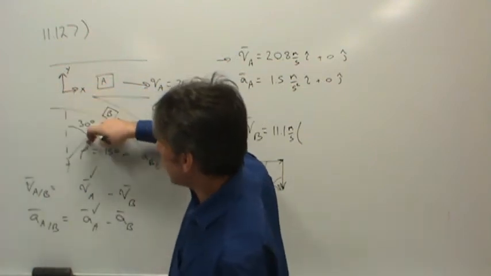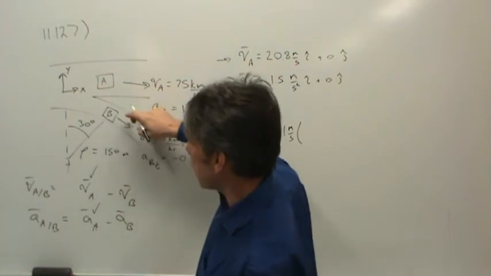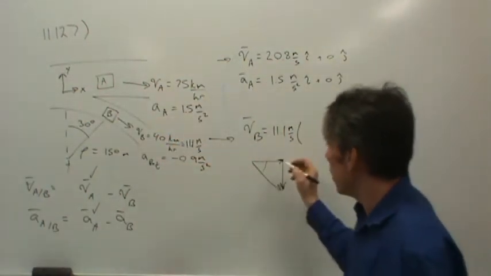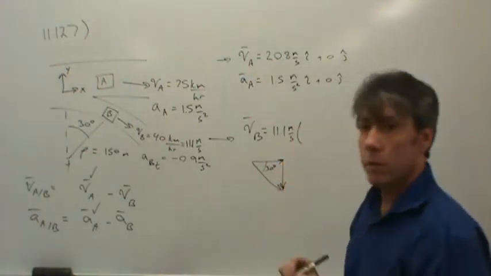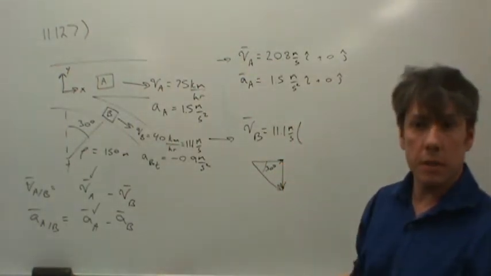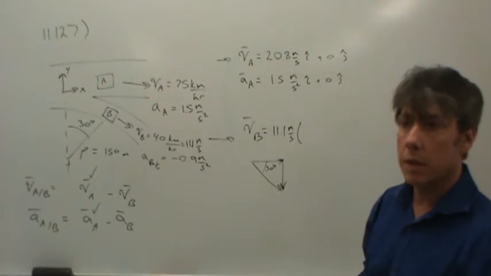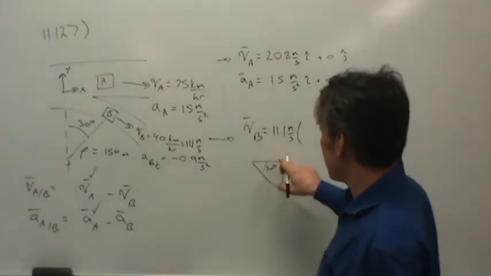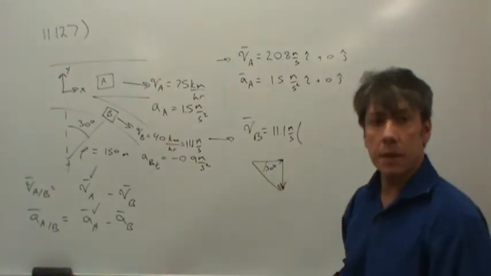Therefore, the angle between these two is the same as the angle between a horizontal line and the hypotenuse. Does that make sense? In other words, this angle is the 30-degree angle that we were given. Make sense? It's just mutually perpendicular lines. Okay. So if I want the x component, do I need to use cosine or sine?